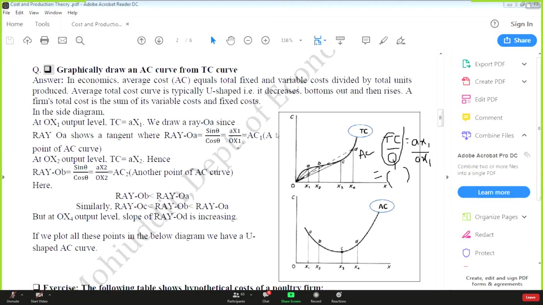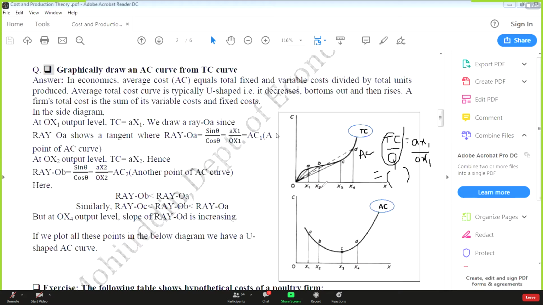So height divided by width means AX1 divided by OX1. So let us say the ray OA gives one point of the average cost curve. But the question is how it will benefit us. Is the discussion clear to you?